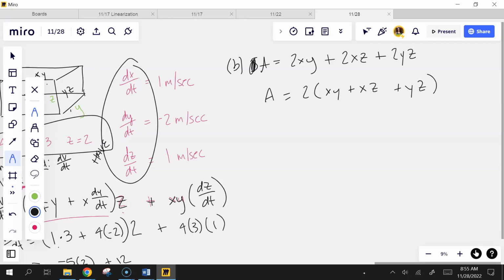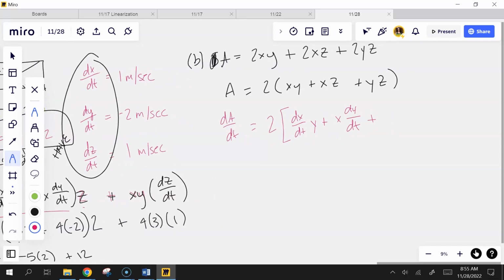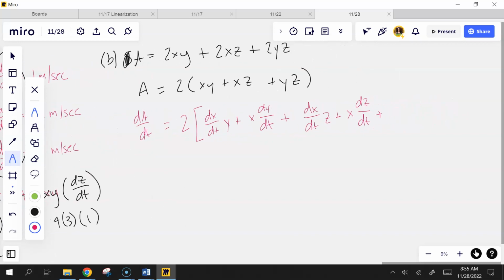Anybody do that before you started? You don't have to. Lots of product rules here.